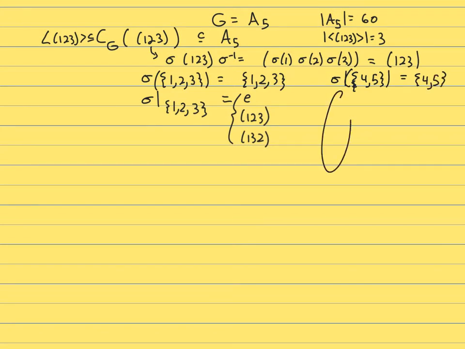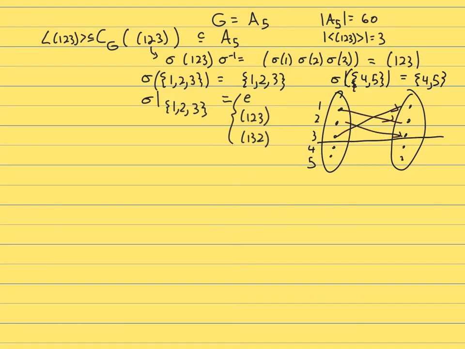Why is that true? Well, picture. We have a bijection. And what we've just said about this bijection is that the top 3 elements must be permuted among themselves. Then it follows that the bottom 2 elements must also be permuted among themselves, or else you don't have a bijection.